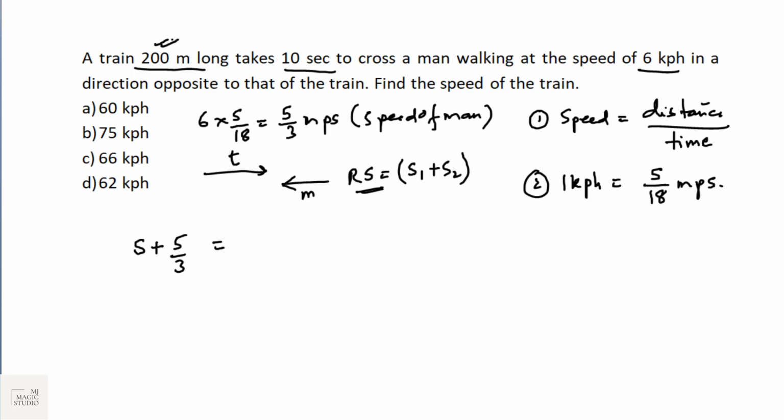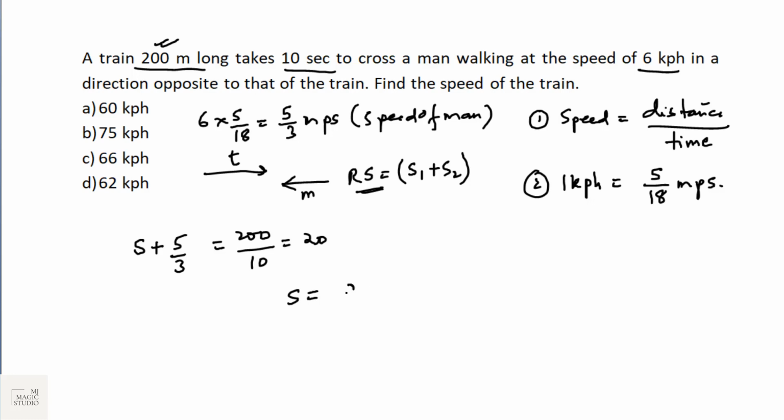Since the length of a person is negligible, the distance to be covered is nothing but the length of the train, that is 200 meter, divided by time. Time taken is 10 seconds, that is 20.